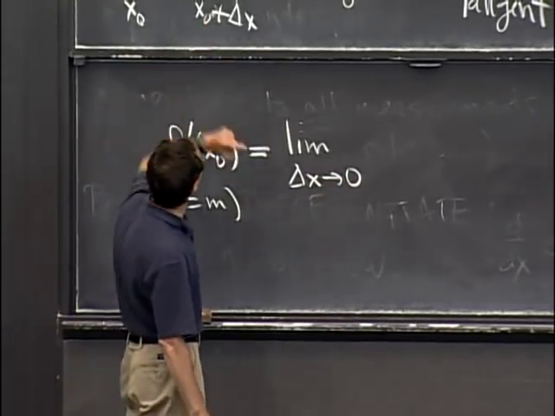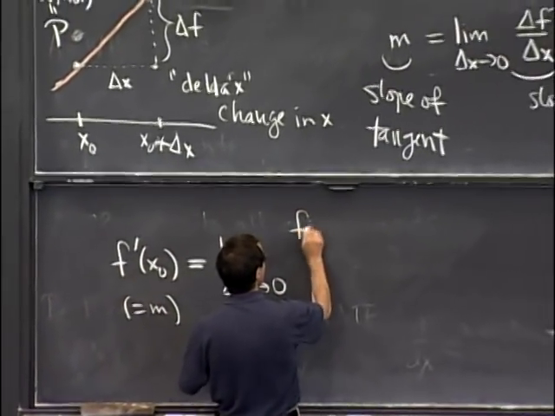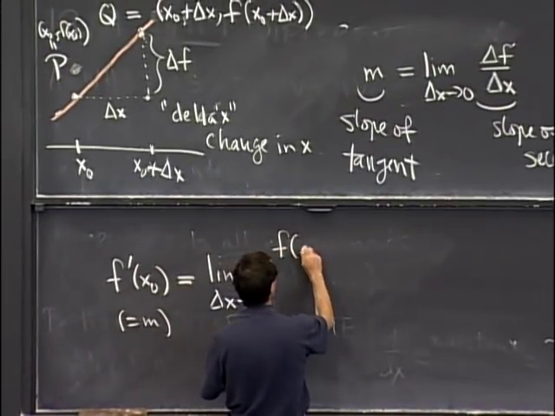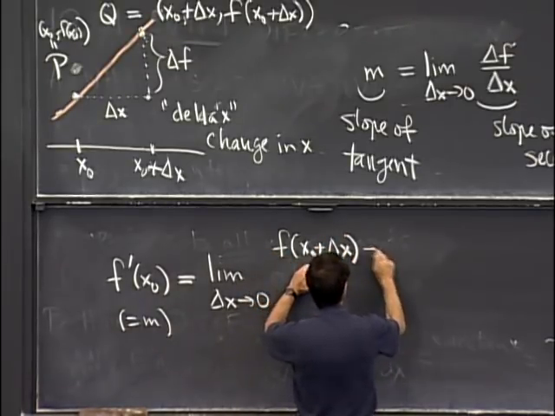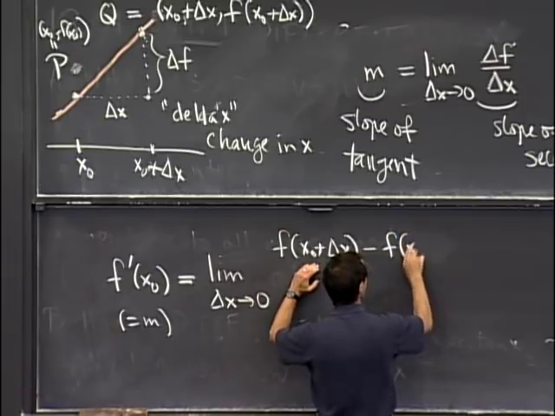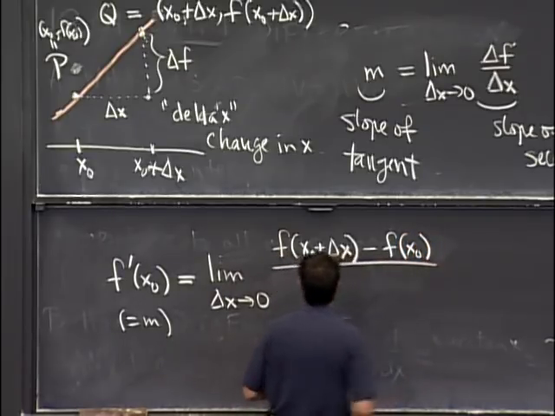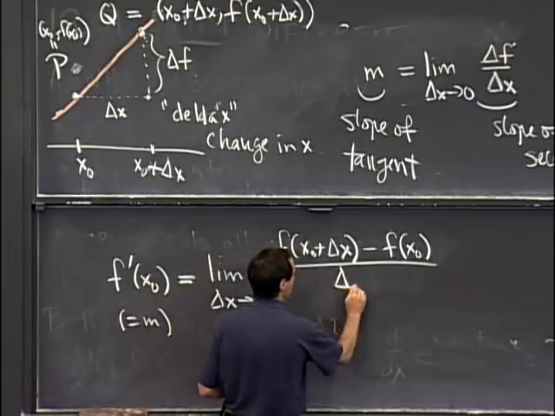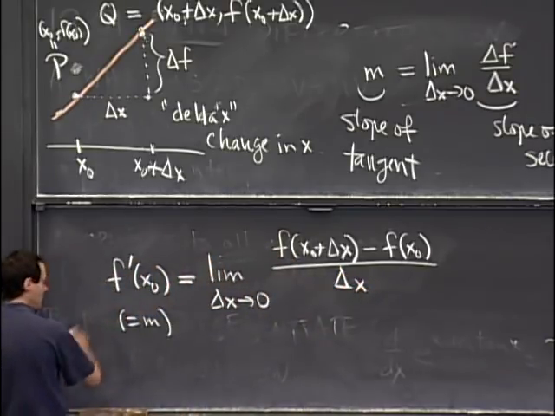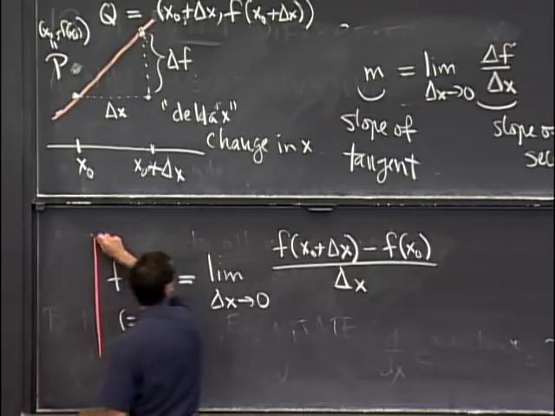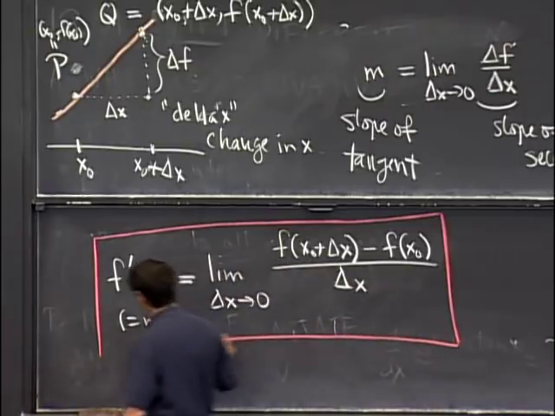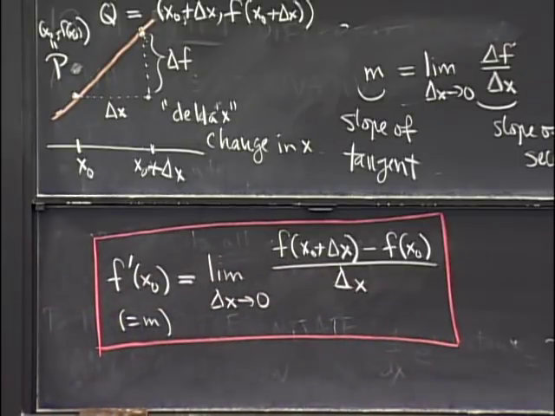Well, the change in f is the value of f at the upper point, x0 plus delta x, minus its value at the lower point P, which is f of x0, divided by delta x. All right, so this is the formula. I'm going to put this in a little box because this is by far the most important formula today, which we use to derive pretty much everything else. And this is the way that we're going to be able to compute these numbers.